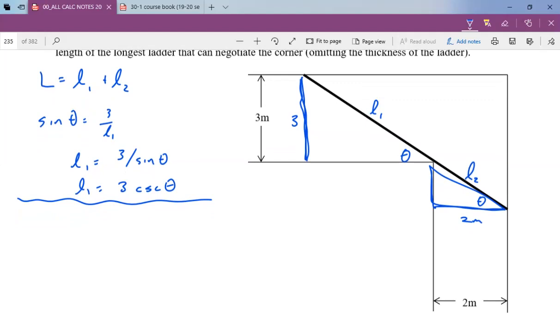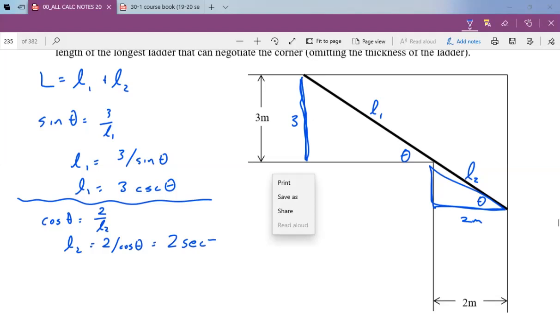We have that cosine theta is equal to adjacent over hypotenuse, 2 over L2. So L2 is equal to 2 over cos theta, which we can simplify to just 2 secant theta.